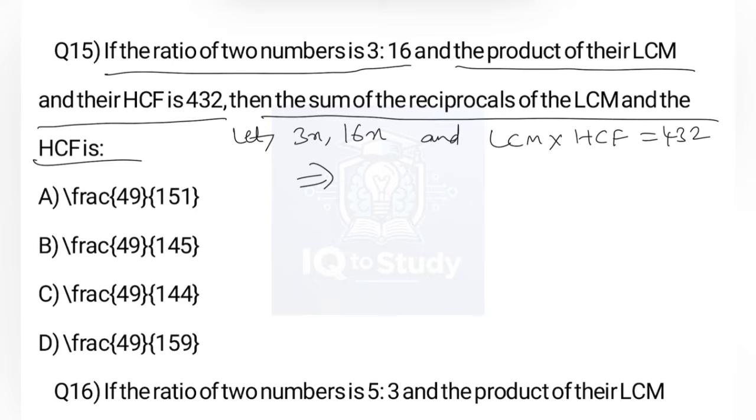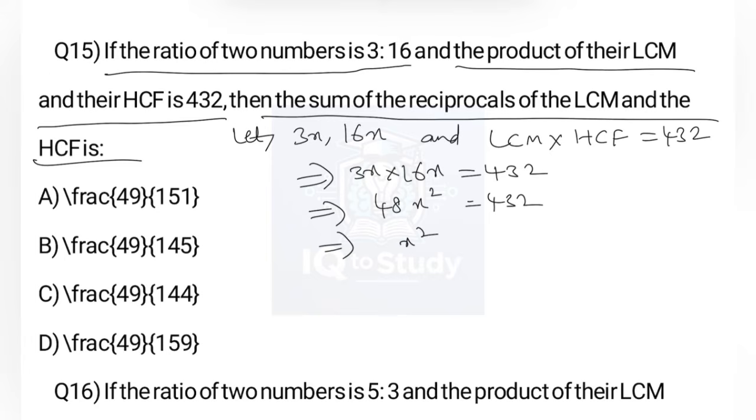It means 3x into 16x is equal to 432. Then 48x square is equal to 432. And x square becomes 9. So x is equal to 3.